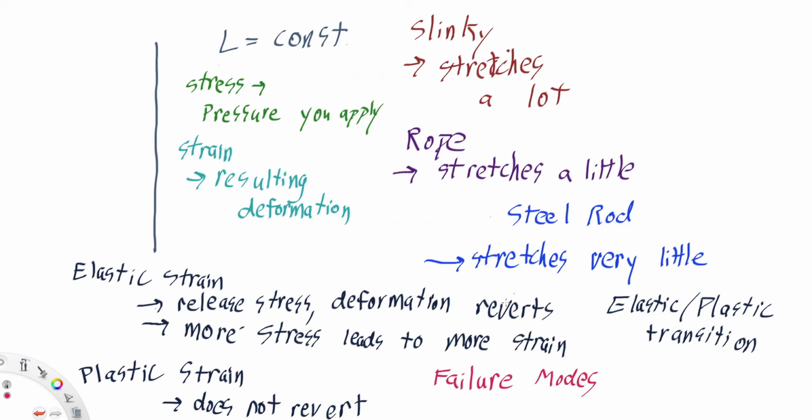Typically, a small amount of stress will produce an elastic strain. A larger amount of stress will produce a plastic strain, and then a huge amount of stress will produce a failure mode. And in this case, the failure mode was the whole thing just cracked and part of it sheared off.